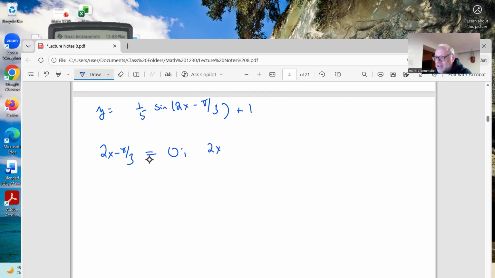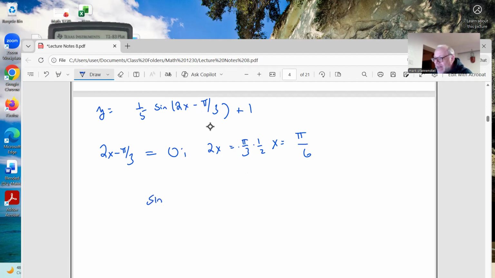We have 2x equals pi over 3. I just added pi over 3 to both sides, divide both sides by 2, and we'll say x equals pi over 6, right? Dividing by 2 is the same as multiplying by a half. So when x is equal to pi over 6, this argument is going to be 0. Let's test that out.